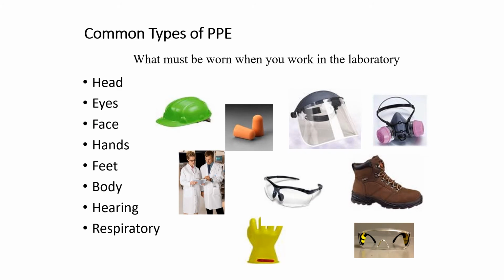In this slide, you can see different types of PPE according to the experiments. For example, if you have to cover your foot, you need certain shoes. If you want to do experiments where you need to cover the eyes, and of course the face, if there are chances of chemical splashes or particles hitting your face.